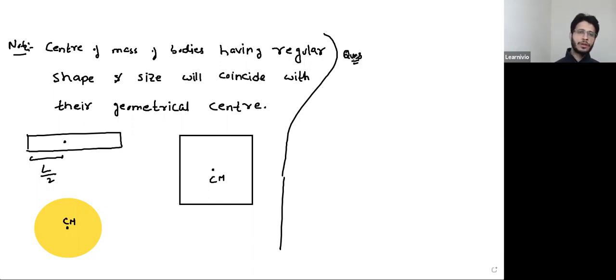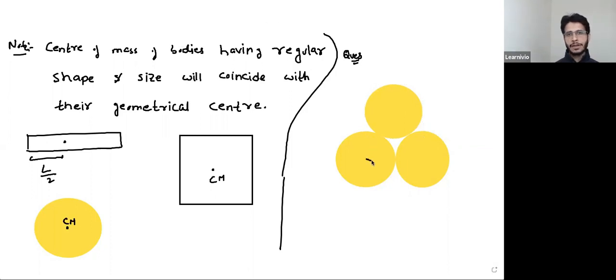So if you have a system having more than one rigid body, say you can have this system. If I gave you this system, the system is you have 3 spheres. All spheres are identical.